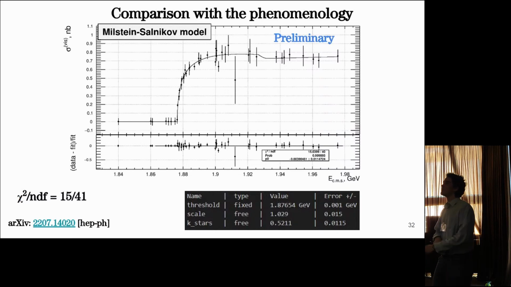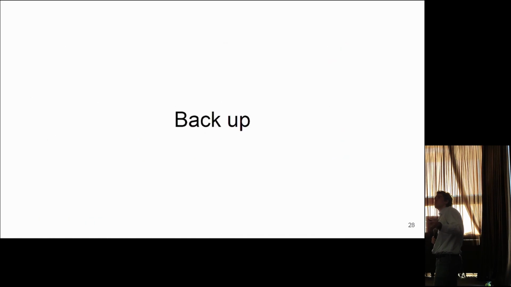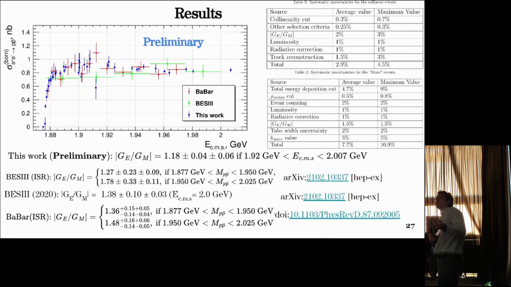Yeah, but for high energy, there are more data, and these results should match the results when you measure this proton antiproton production at high energies. Yes, it's also constant.